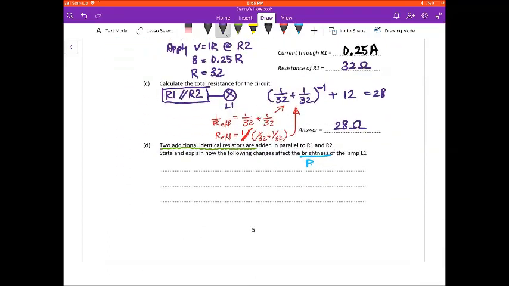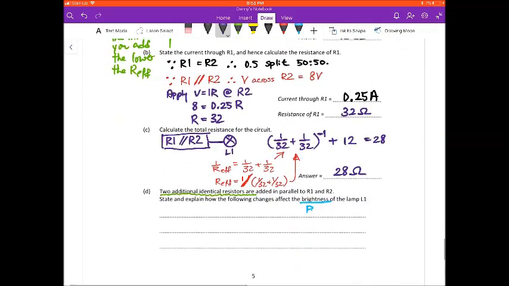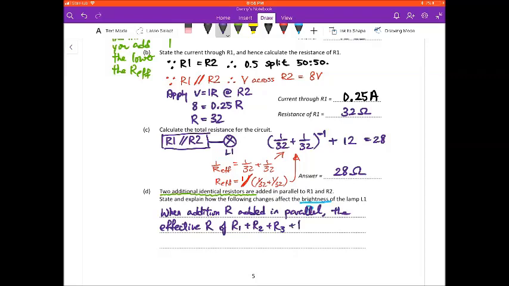So how do you answer and phrase it? Well, you need to say whatever I just said. Okay, when your additional resistor is added in parallel, the effective resistance of R1, R2, R3 and R4, R3 and R4 being the additional ones that you add, will be lower.